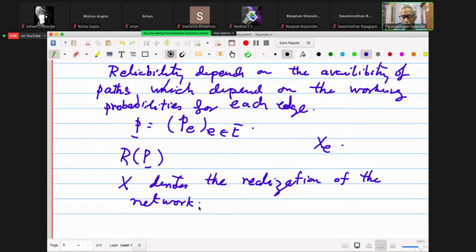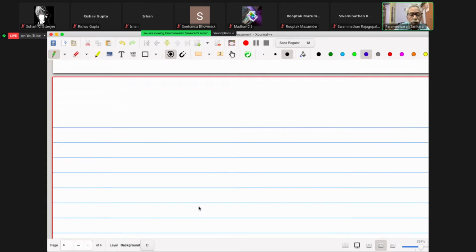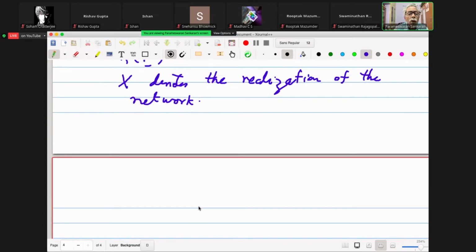So now what you do is you define this xi of x. I was trying to do that without describing this notation x.